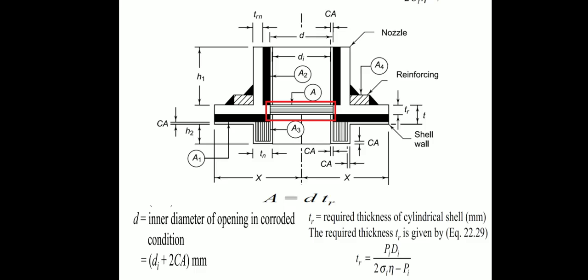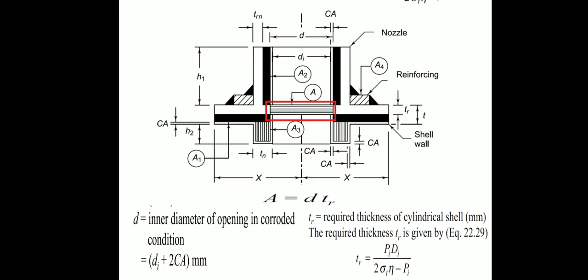D is calculated as D equal to Di plus 2Ca, where Di is the inner diameter of the nozzle and Ca is the corrosion allowance. And Tr is the required thickness of the cylindrical shell, which is equal to Tr equal to Pd divided by 2 sigma T into weld joint efficiency eta minus internal pressure Pi.